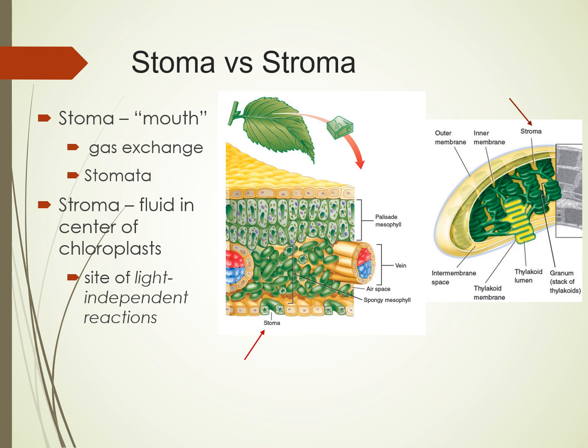This area is also important in controlling moisture in the leaf, so it will close on very hot days to help conserve water. The plural form of stoma is stomata. The other cellular part is the stroma with an R, which is found in the chloroplast inside of the cell. This is a fluid-filled area and is the site of the light-independent reactions, or the Calvin cycle, of photosynthesis.